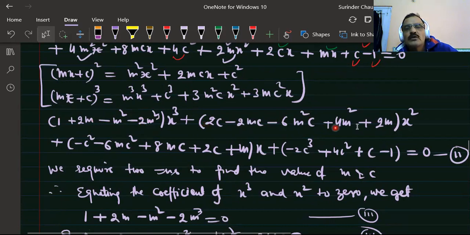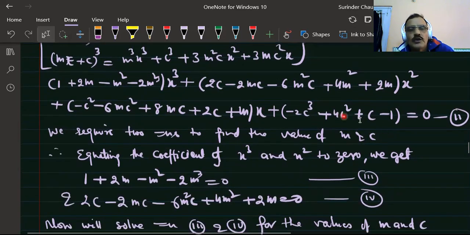And phi 2 of m is the second degree term. Phi 3 means the third degree term, the coefficient of the third degree term. Phi 2 of m is this equation in m, the coefficient of the second degree term. Phi 1 of m is the coefficient of the first degree term, and phi 0 of m is the constant term.